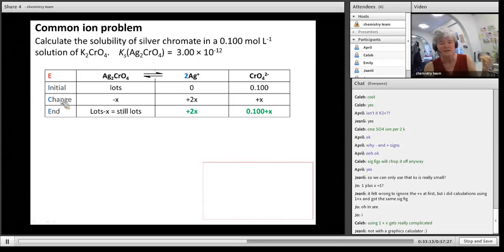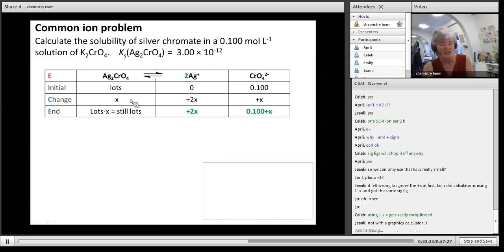As I add the silver chromate, it starts dissolving, and some of it will dissolve, a tiny amount, but it will dissolve. So for every bit that dissolves, I'm going to get twice as much silver ions to chromate ions. So I say this is 2x is being formed.